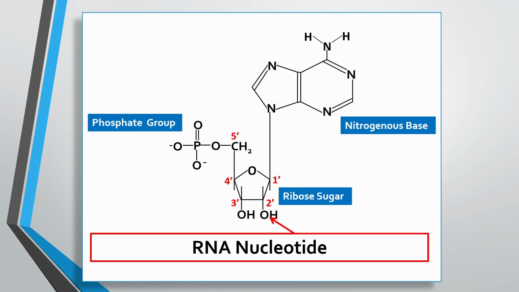There's a DNA nucleotide, missing the O at 2'. There's the RNA nucleotide with the O at 2'. You see the difference there? DNA nucleotide, no O at 2', only an H. RNA nucleotide, an OH. And yet again, we have a pattern. Therefore, we have another element of design.